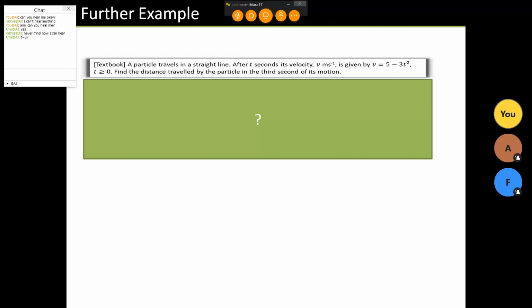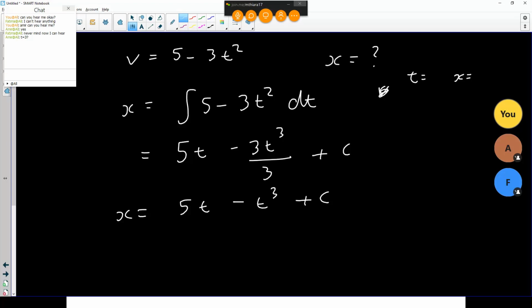Over here, a particle travels in a straight line. After t seconds, its velocity is given by that, and t is greater than or equal to 0. Now over here it doesn't tell us any boundary conditions. But we have to assume that by travelling in a straight line, at time t equals 0 it's not travelled any distance, because it hasn't told us that so far.